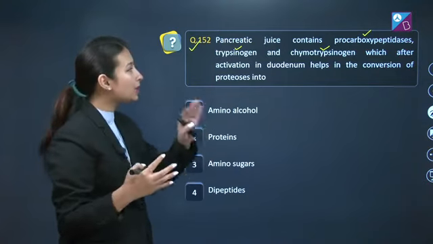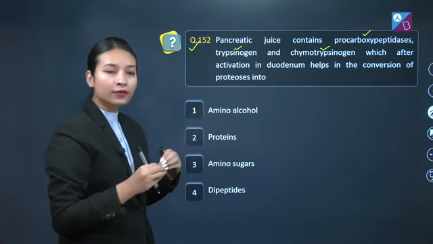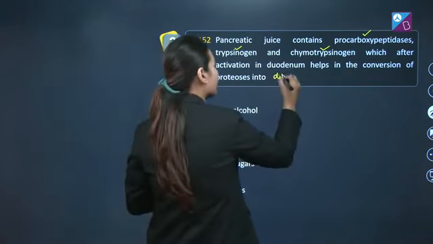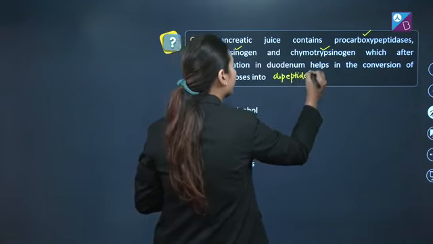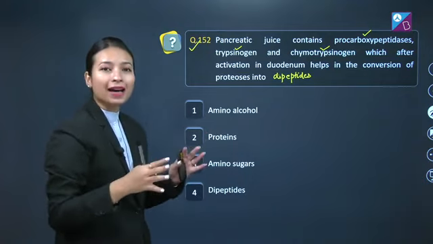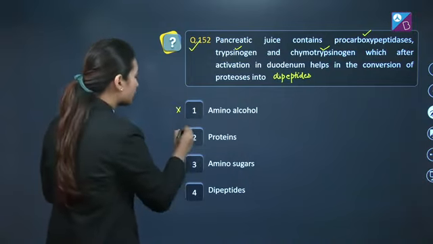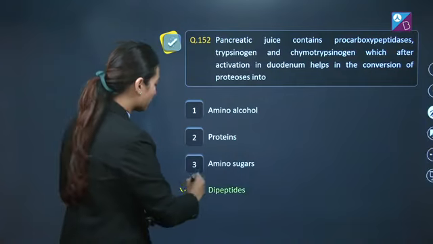So students, यहाँ पे तीनों enzymes proteolytic enzymes हैं and these convert proteoses into dipeptides, which are finally converted into amino acids by the action of dipeptidases. So here option number 1, 2 and 3 are incorrect and our correct answer here is option number 4.